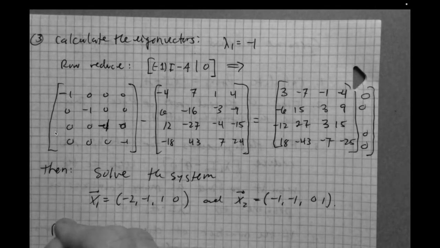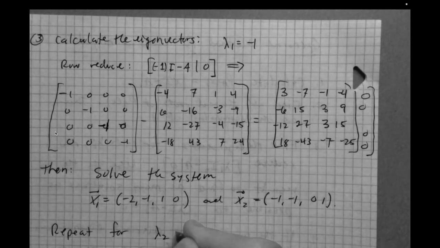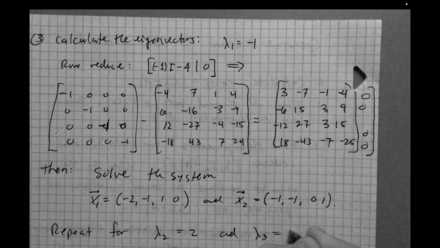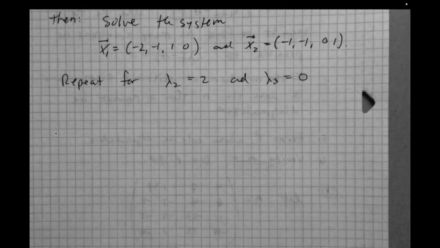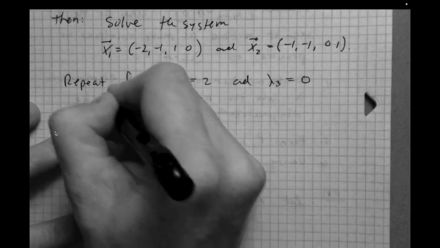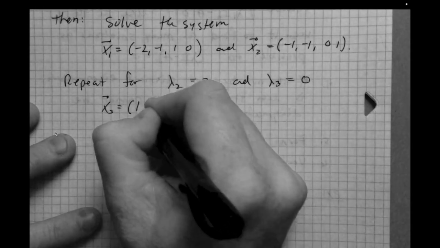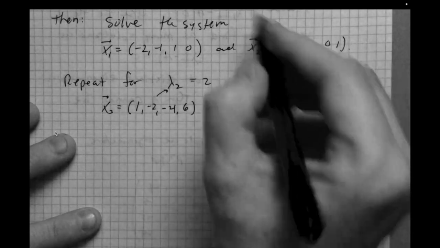Then you have to repeat this process for lambda2 and lambda3. Lambda2 was 2, and lambda3 equals 0. So you have to repeat this process a couple more times, and there's really no getting around that, but you can get a couple more eigenvectors. x3 equals 1, -2, -4, 6, and that corresponds to lambda2.